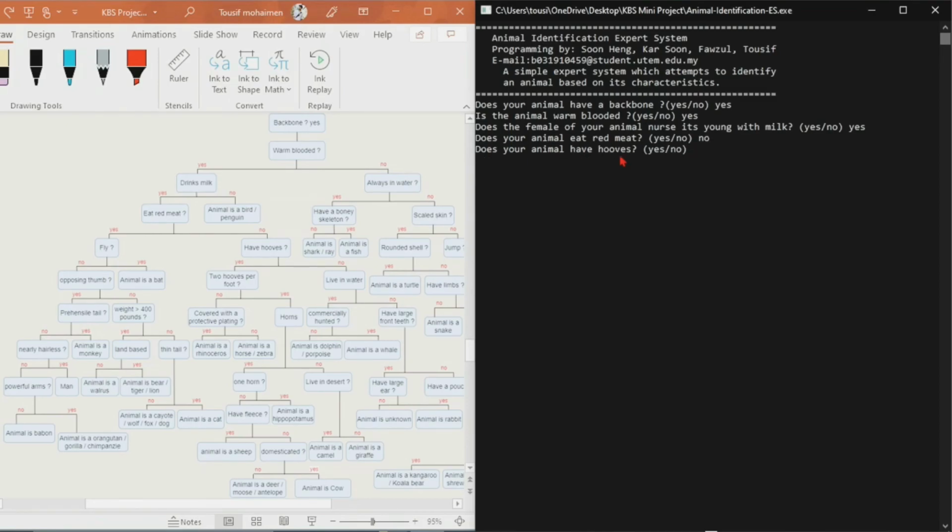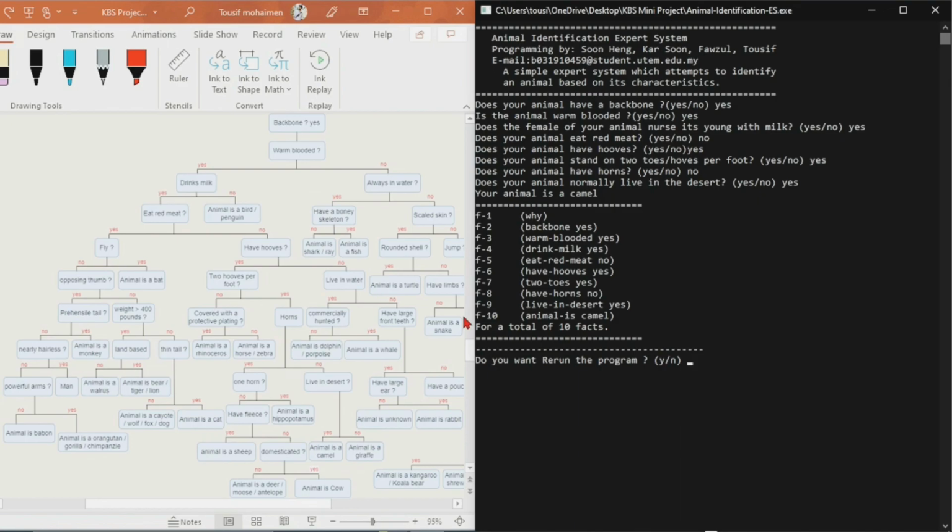No. Does your animal have hooves? Yes. Does your animal stand on two hooves per foot? Yes. Does your animal have horns? No. Does your animal normally live in the desert? Yes. So your animal is a camel.